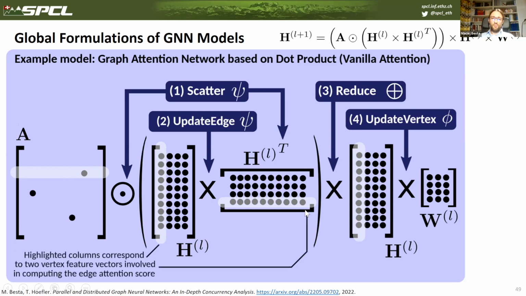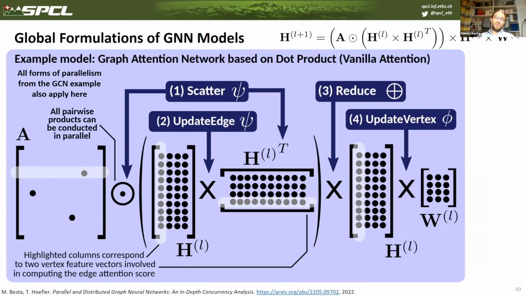But now again, what is important is the parallelization. The highlighted columns in the central part of this picture correspond to two feature vectors we are going to use to derive an attention score for a given edge. In terms of parallelizing, on one hand, we can apply all the ways of parallelizing this as we did in the GCN model, and more.